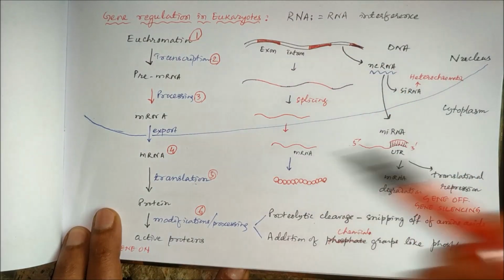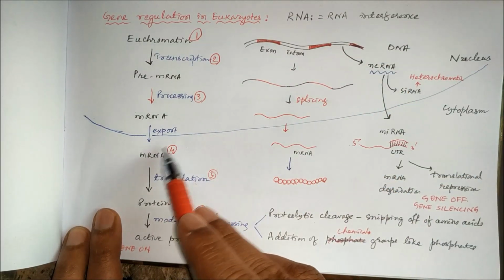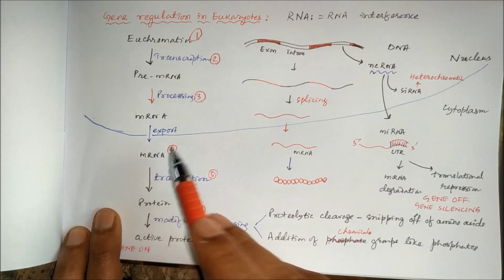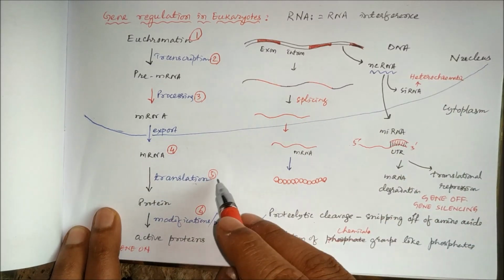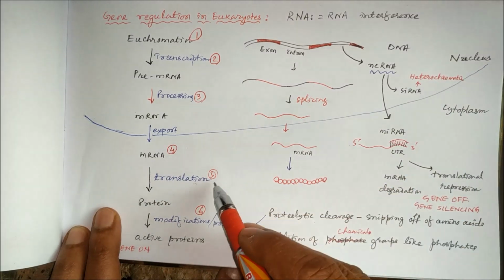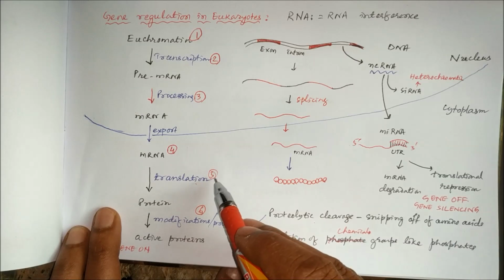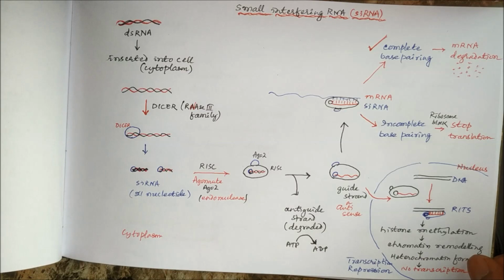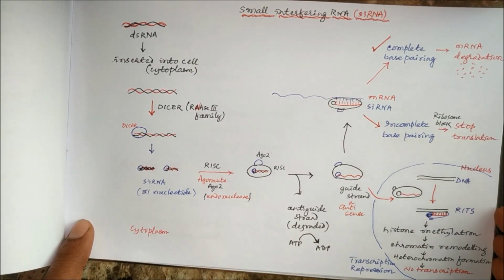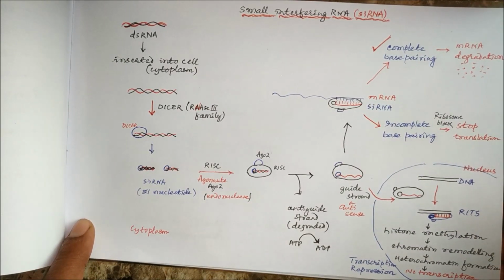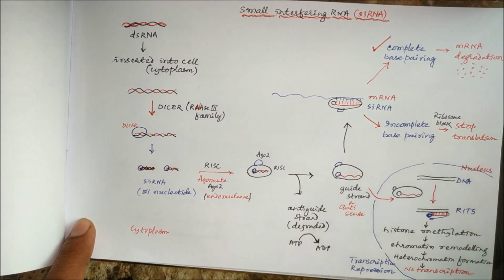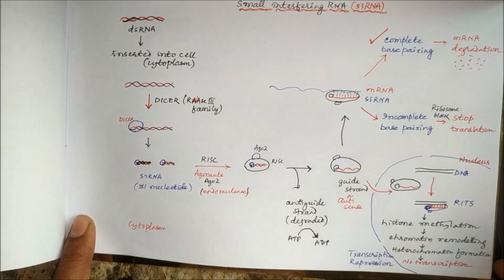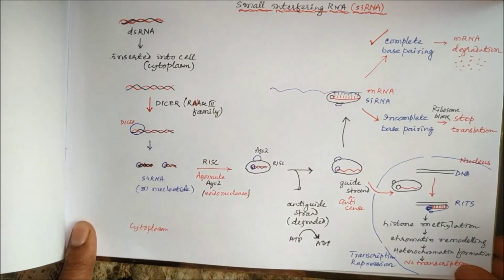And second thing, this fourth step where mRNA degradation occurs, and this translation may occur, but this is to a low extent. So these are the ways in which small interfering RNA interfere the messenger RNA action, post-transcriptional action, and cause gene silencing or can make the gene off.